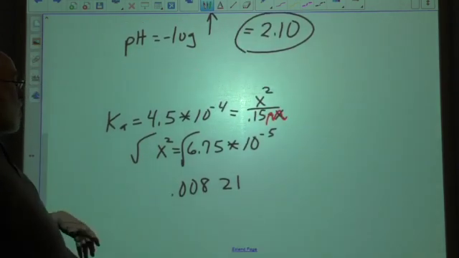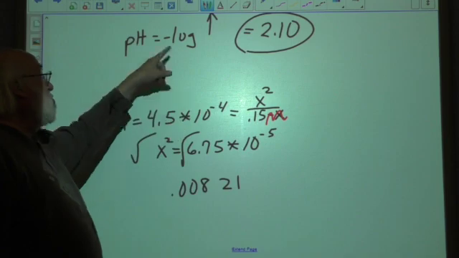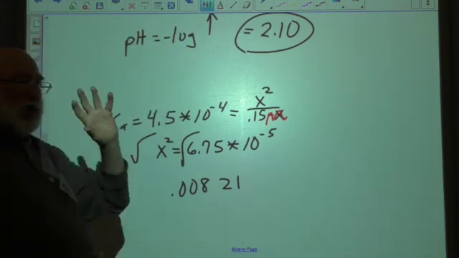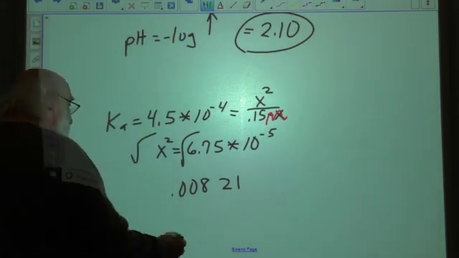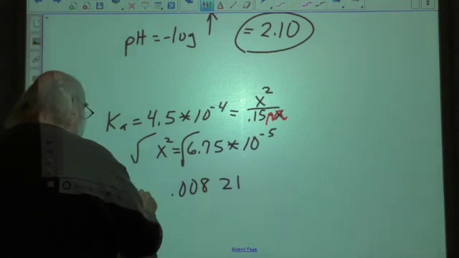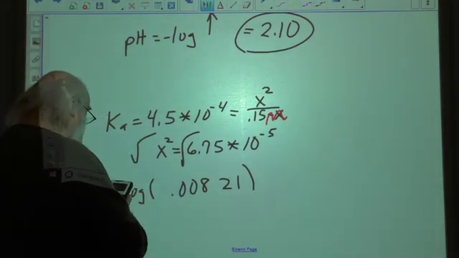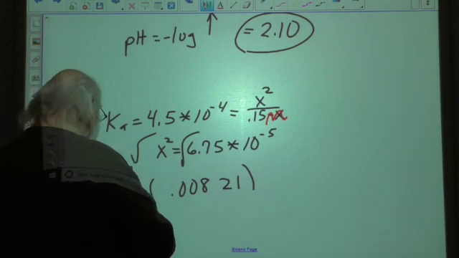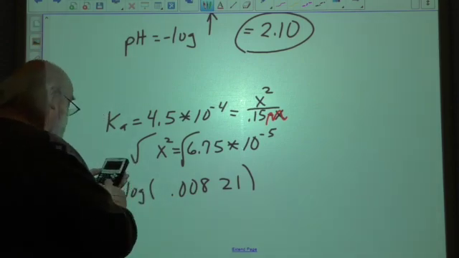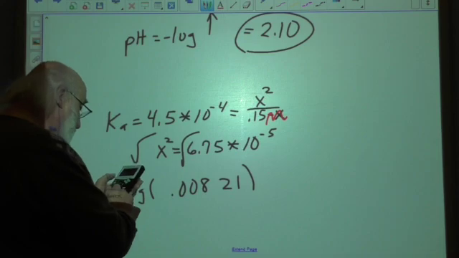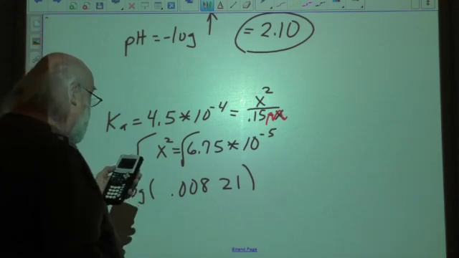All right? If you get it right around 10 to the negative fourth, you need to do it the way you did up there, because there is enough of a difference. In fact, if I took the negative log of that second answer, we get 2.09.